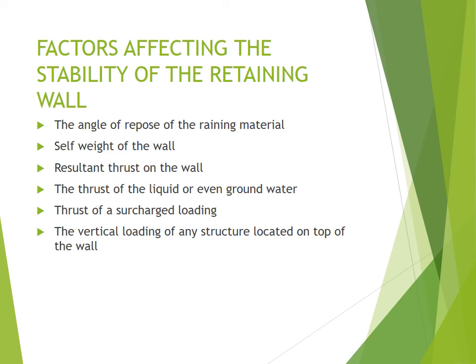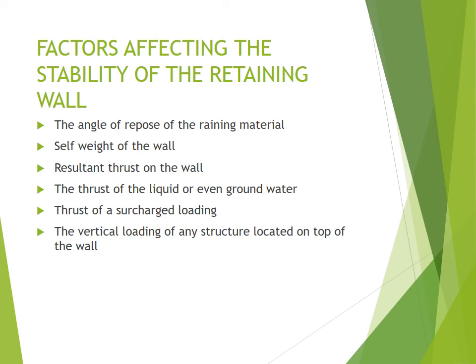This will indicate the weight of material above the angle of repose that the wall must retain. Then we have the self-weight of the material. The self-weight of the material usually acts vertically down through the center of gravity, and as a result of this, a reaction is produced at the base of the loaded soil.